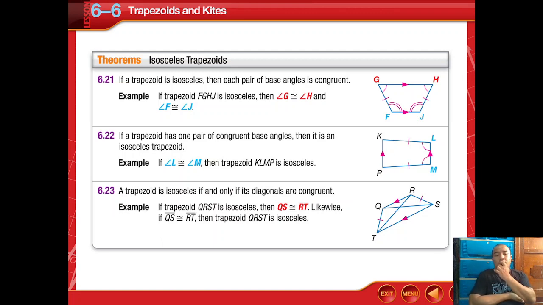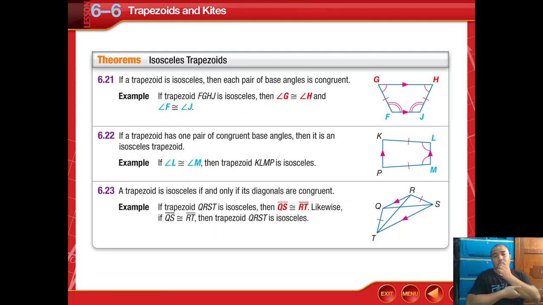Let us have here some theorems on isosceles trapezoids. When we say isosceles trapezoid, it is a trapezoid in which the legs are equal or congruent. Theorem 6.21: if a trapezoid is isosceles, then each pair of base angles is congruent.